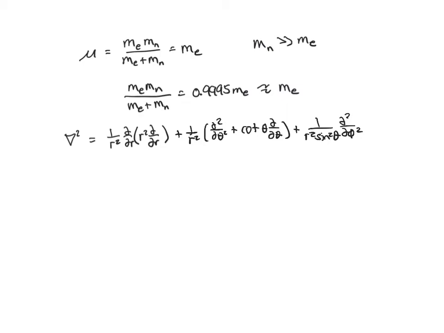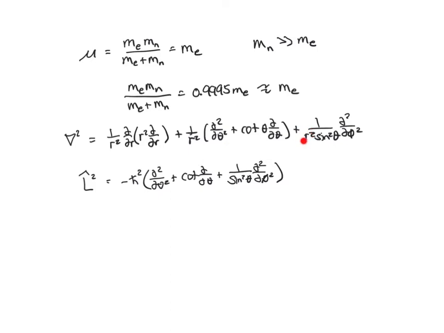Recall that we defined in polar coordinates the angular momentum squared operator as equal to minus h bar squared times second derivative with respect to theta plus cotangent first derivative with respect to theta plus 1 over sine squared theta second derivative with respect to phi.